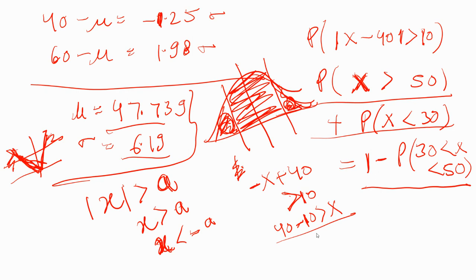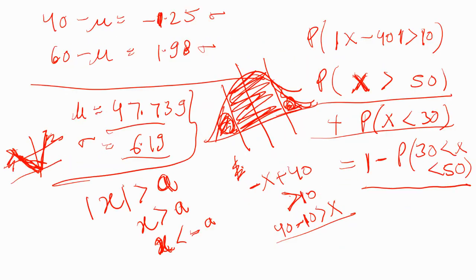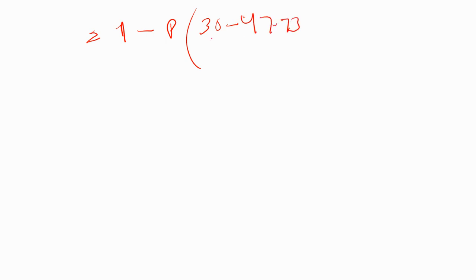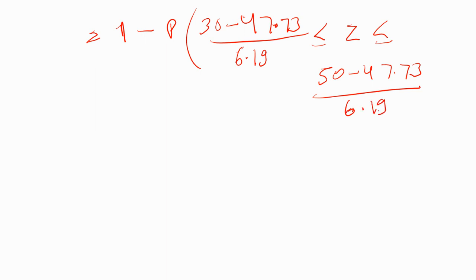So now the probability from 30 to 50 is 1 minus the probability of z less than (50 minus 47.73) divided by 6.19, minus the probability of z less than (30 minus 47.73) divided by 6.19, which is minus 2.86.